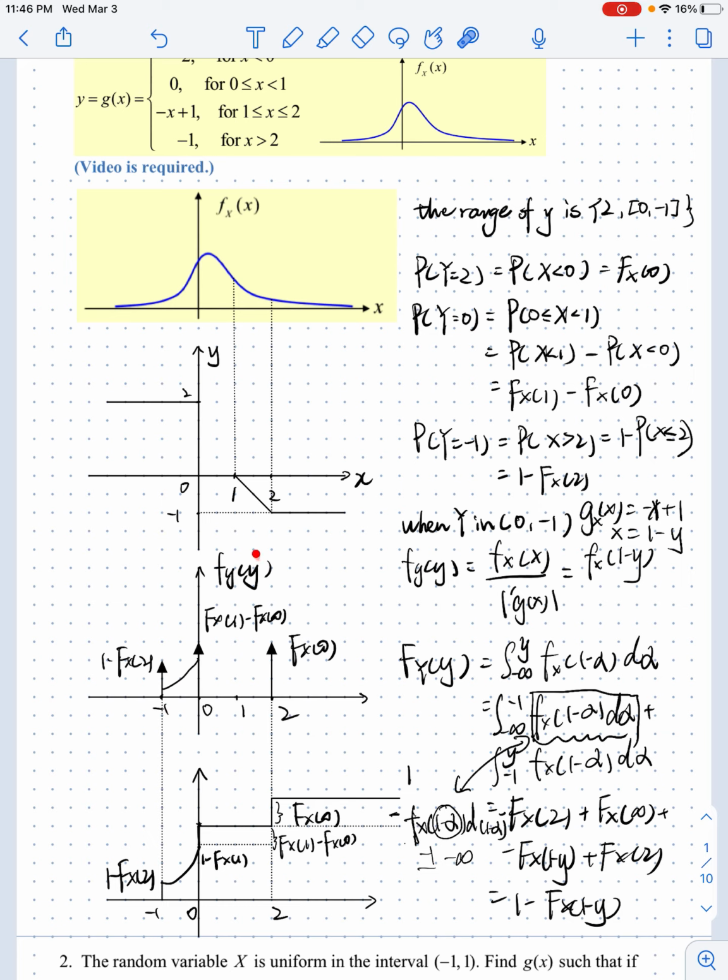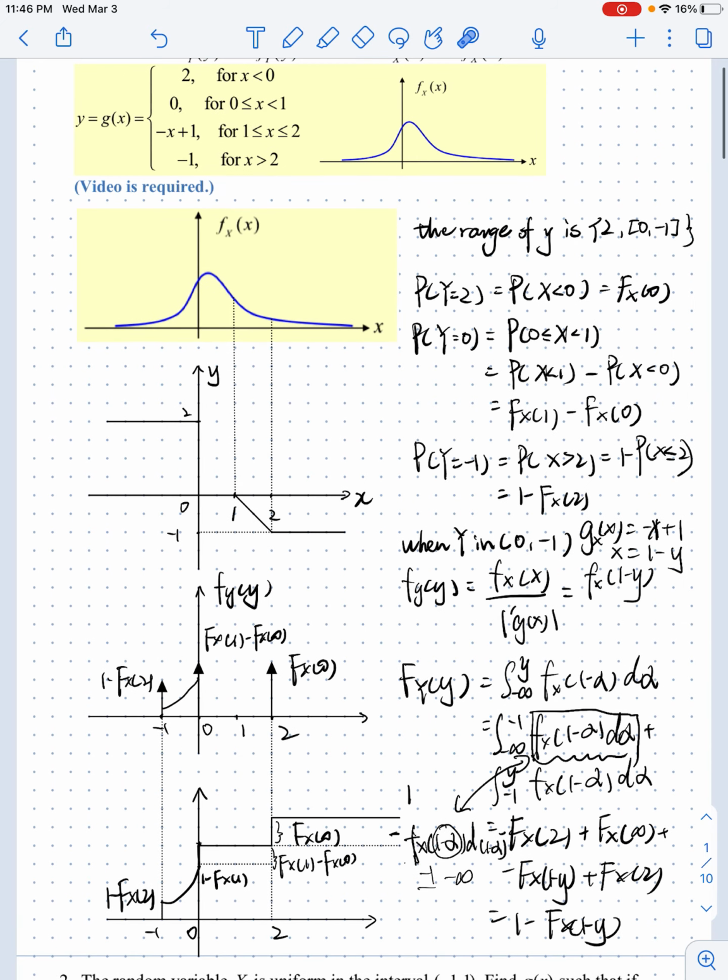And when y is from -1 to 0, x is from 1 to 2, so it would be in this range, and it would be fx(1 minus y).